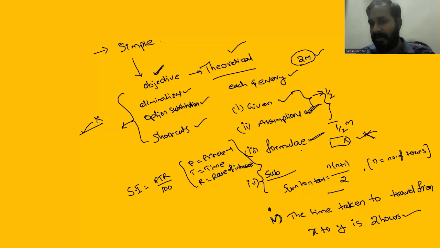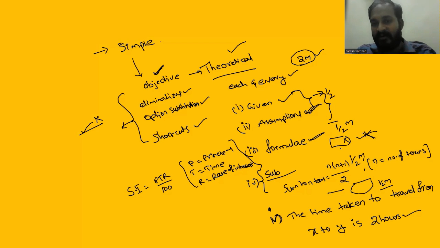Else, if there is no formula, there will be some cases where there will not be any formula. In that case, they will see the procedure, half a mark. And the final answer: after calculating it, if you get the correct answer, then you will be awarded half a mark more. So overall, 2 marks will be segregated in this manner.